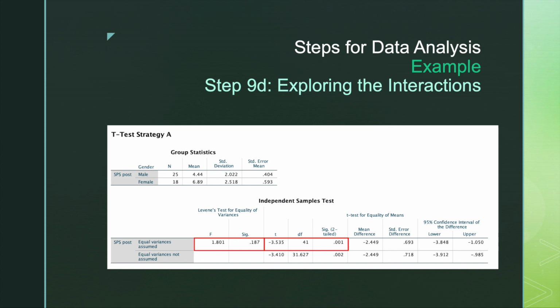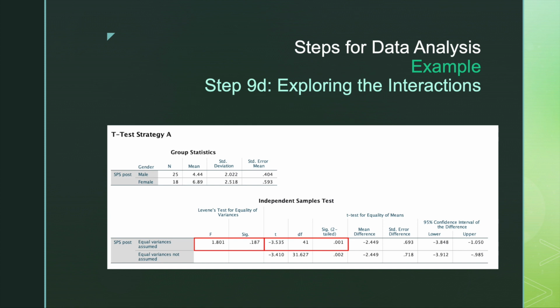And in this case, we did get significance, which means that for strategy A, there's a significant difference between males and females on the science process skills. And we can actually see they gave us the group statistics right there, where we can see that females were at 6.89 and males were at 4.44.